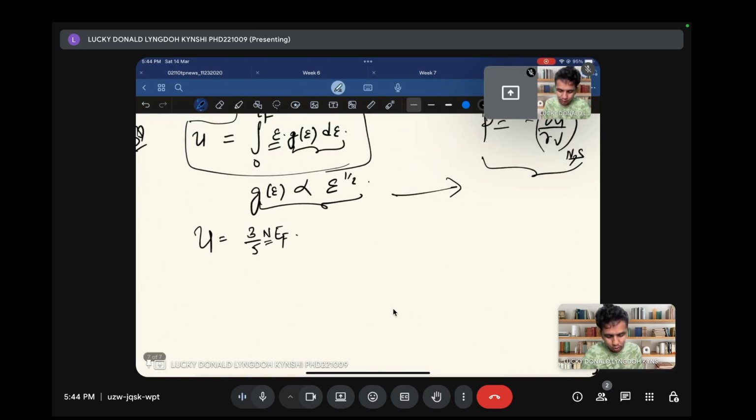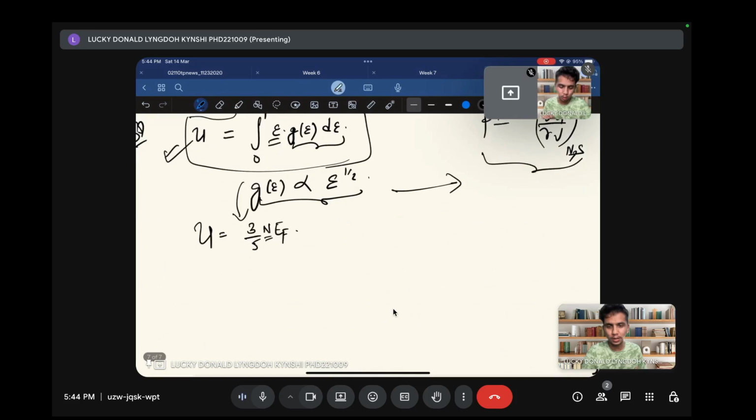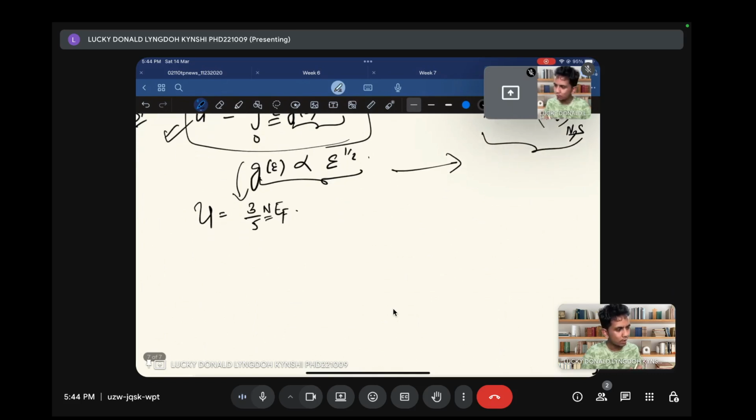If you do the integration, you will get this formula. So how do you get it? By integrating E g(E) dE from 0 to EF, you get the total energy. Now, if I have to find the average energy, U by N, it is equal to 3 by 5 EF.